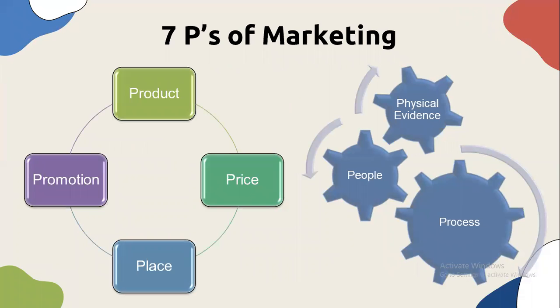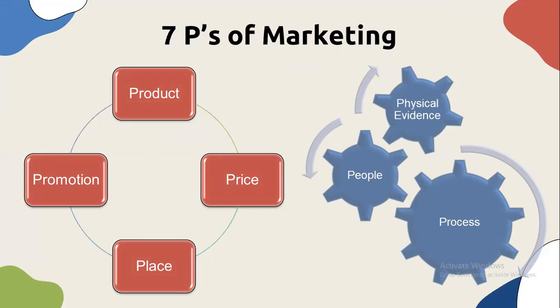Now let's understand the 7 P's of marketing. To the left side of my screen, we talk about traditional P's. The first one is product, then we have price, then we have place and promotion. So here, let's talk about a pen that we use in our daily life. So a pen becomes a product. A pen is getting sold at 10 rupees.